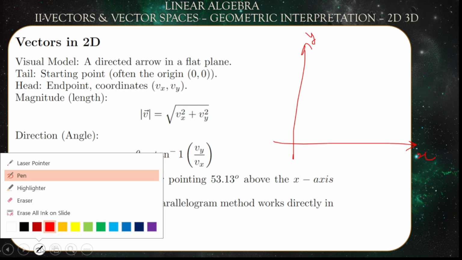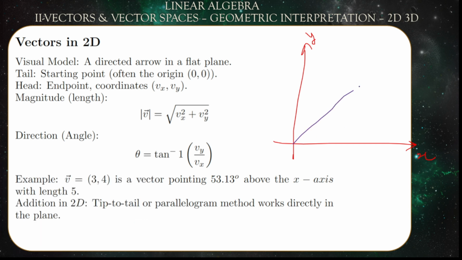I will draw it in a completely different color. So this is the vector v. Now, how to get the angle? v has vx and vy, remember? Vy and vx are the coordinates. Now remember that this is theta, the angle formed between v, the vector, and the x-axis.